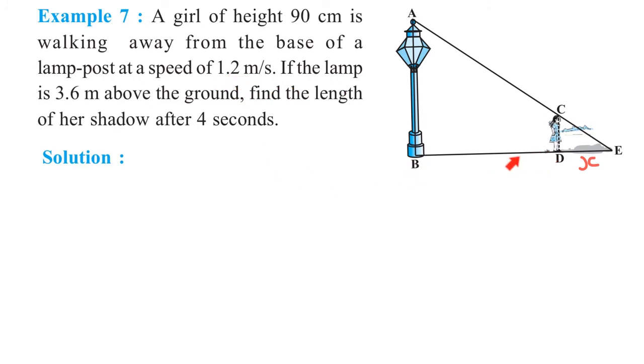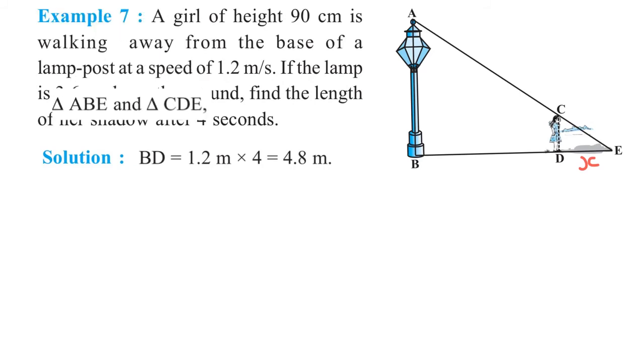So the length BD is nothing but the distance she has moved in 4 seconds at this speed. And we know the formula to find the distance. It is speed times time. So the length BD is going to be equal to 1.2 meters times 4, which is 4.8 meters.